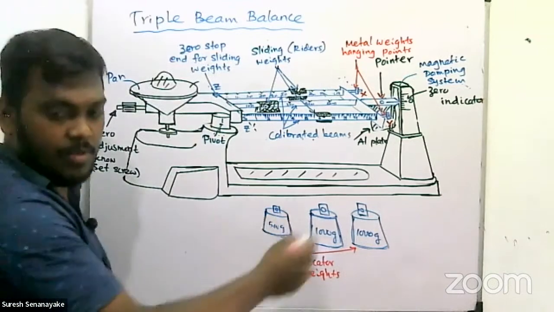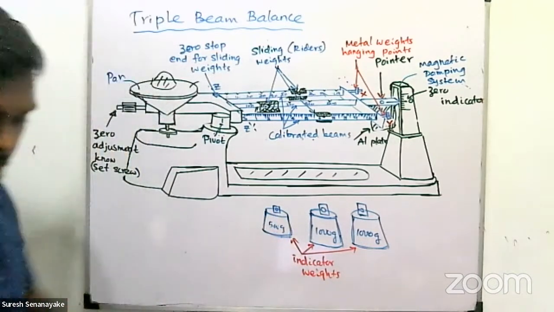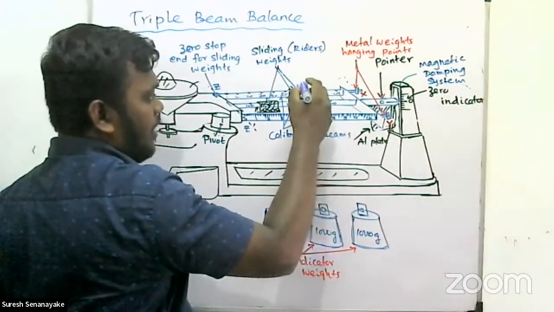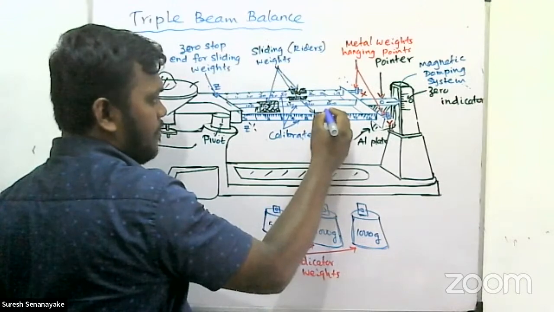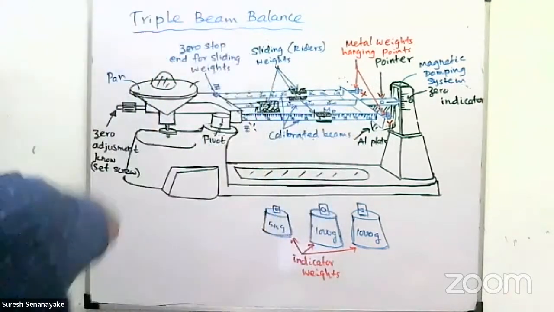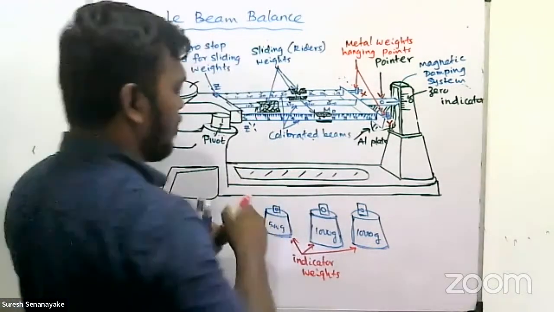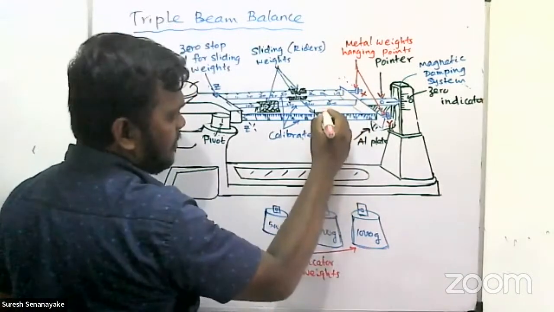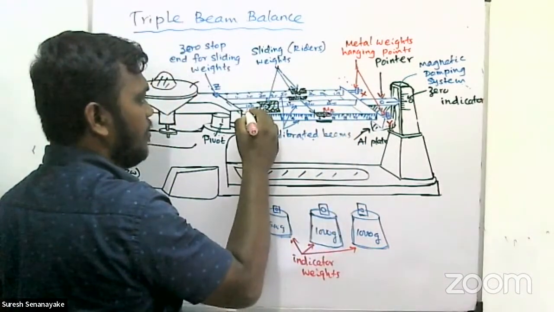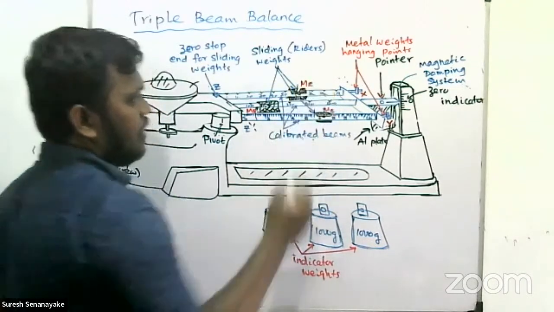That's the indicator only. The actual mass of this is different, right? I'm writing the mass of this as, let's say, MP. This is MP, this one is MQ, and this one is MR.